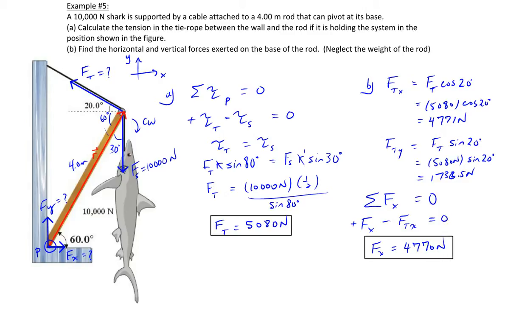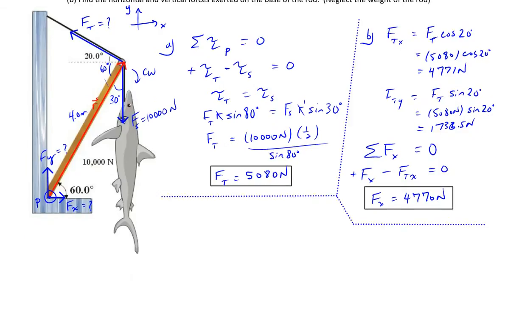And then if we solve for the y forces, let's continue with our sum of the forces in the y equals 0. And now if we look at the y direction, we have the y component of that tension, which is upwards. We have the shark that is going downwards, and then we have the base force that is pointing upwards. And so we're solving for Fy.